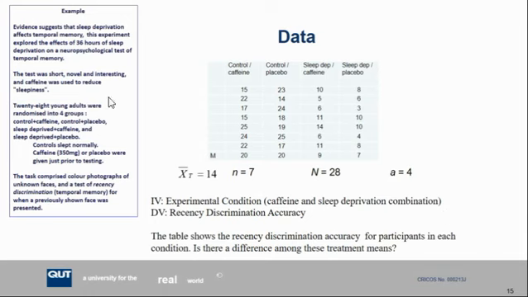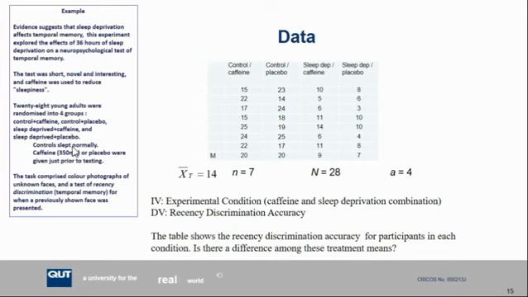So 28 young adults were randomly allocated into 4 groups. They were either in a control condition where they had no sleep deprivation and received caffeine, in a control condition with no sleep deprivation and they received a placebo which did not contain caffeine, or they were in a sleep-deprived condition and received caffeine, or in a sleep-deprived condition and received a placebo.